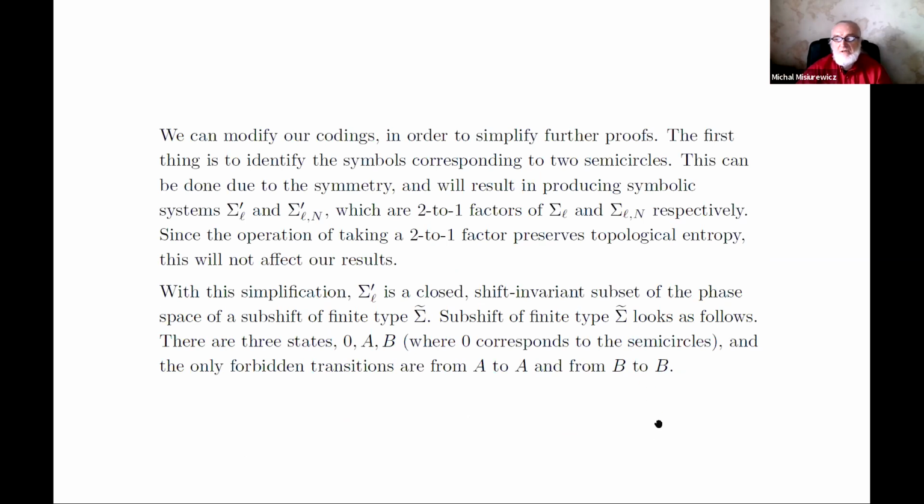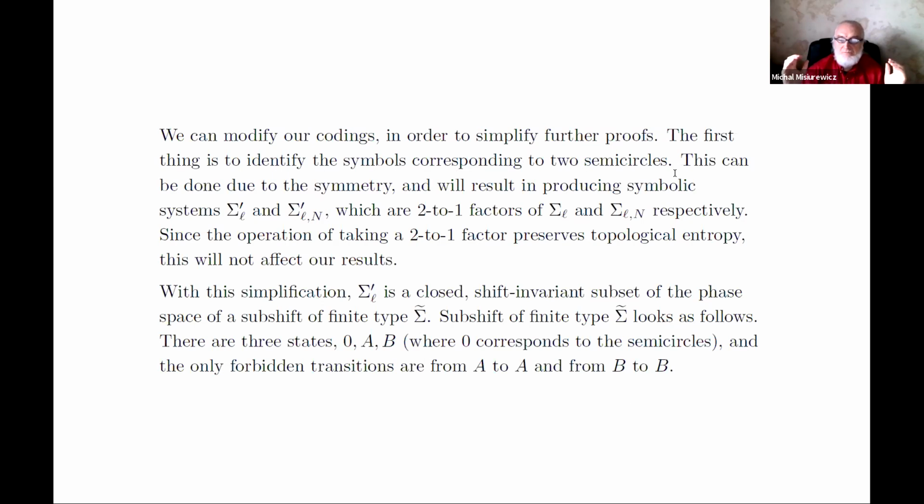And then this coding is good, but we can do a little bit better. We can simplify it. Okay, so the first thing is to identify the symbols corresponding to 2 semicircles. And this can be done due to symmetry.